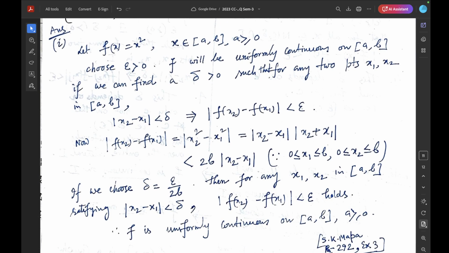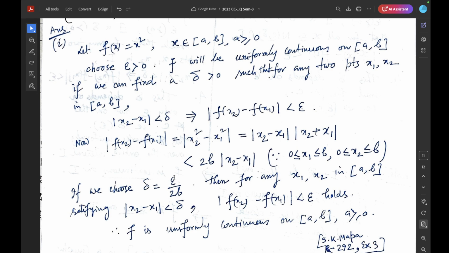Now modulus of f x2 minus f x1 equals modulus of x2 square minus x1 square. This equals modulus of x2 minus x1 into modulus of x2 plus x1. This is less than twice b modulus of x2 minus x1, and this is less than epsilon. So twice b into delta is less than epsilon, that is, delta equal to epsilon by twice b.